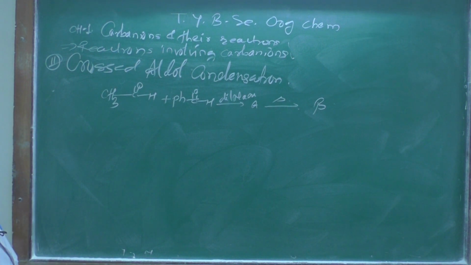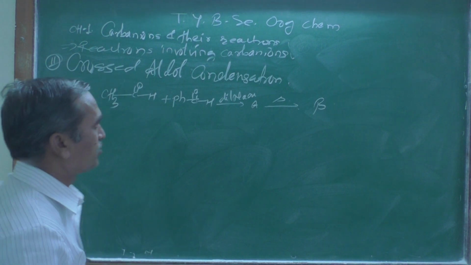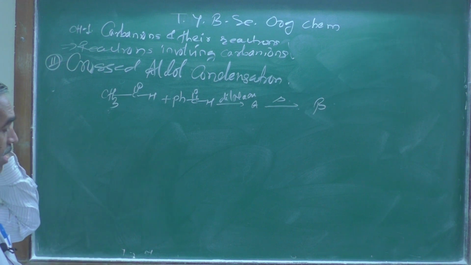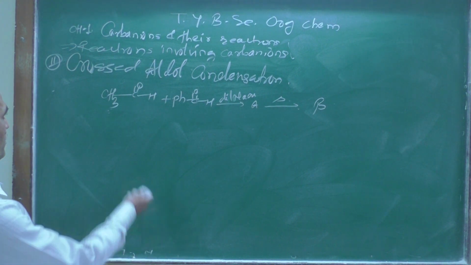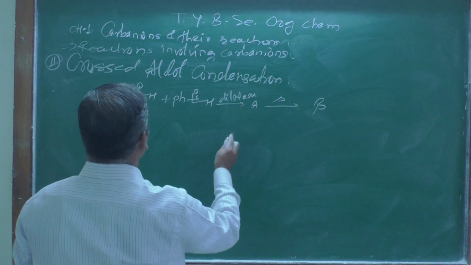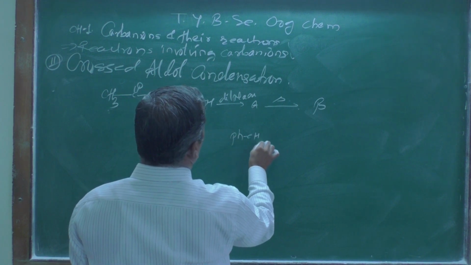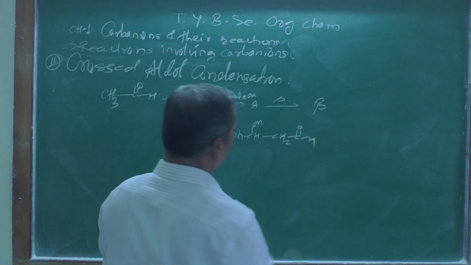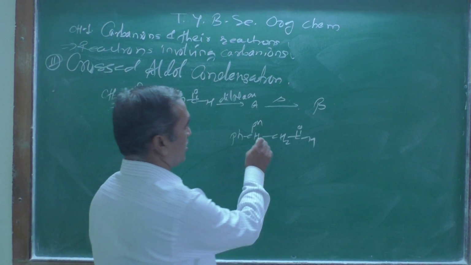What type of product are you going to get? Here you are going to get aldol, and here the condensation product. Only one product is possible, because only acetaldehyde has an alpha hydrogen atom; benzaldehyde does not have an alpha hydrogen, therefore the product you are going to get in this case will be this one: Ph, then CH-OH, then CH2, C double bond O H, because we know the mechanism, and that's why we are predicting the product perfectly.